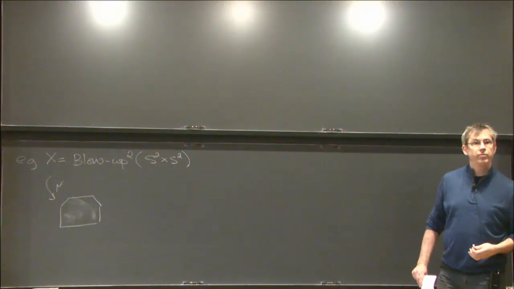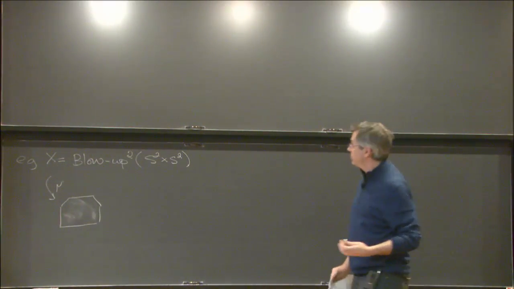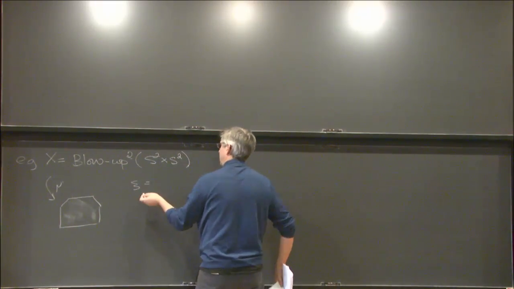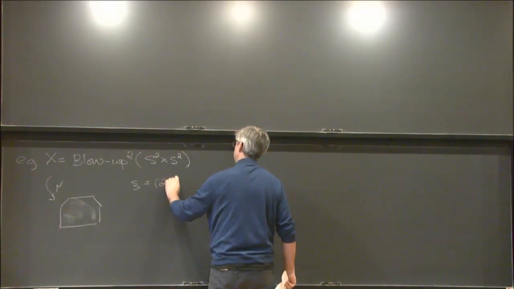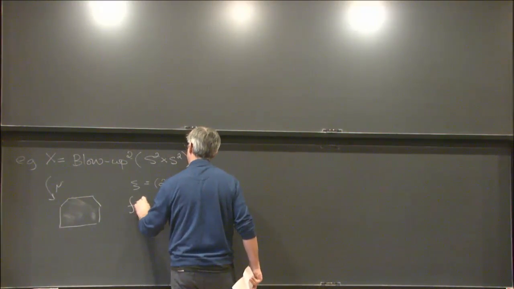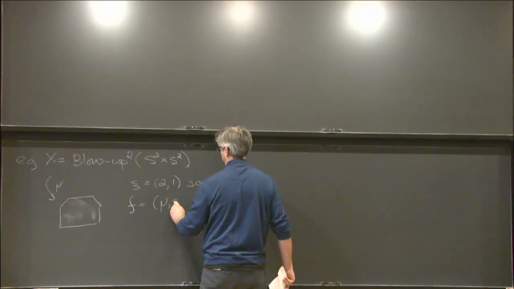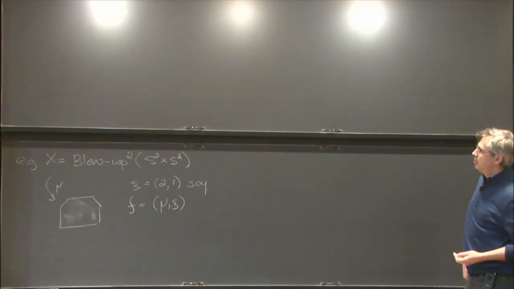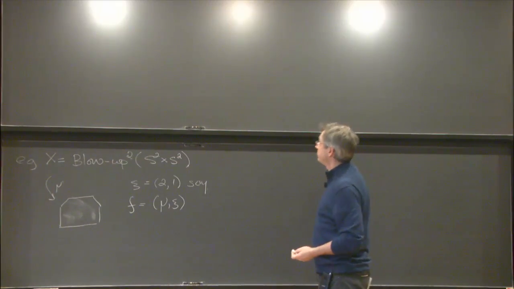And one of the natural ways of getting a Morse function is to take the pairing of the moment map with some generic component. That will give you a Morse function in this case.